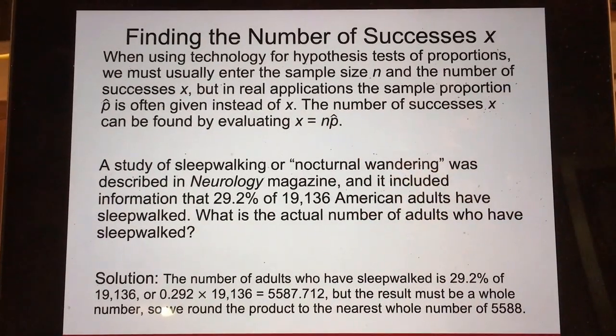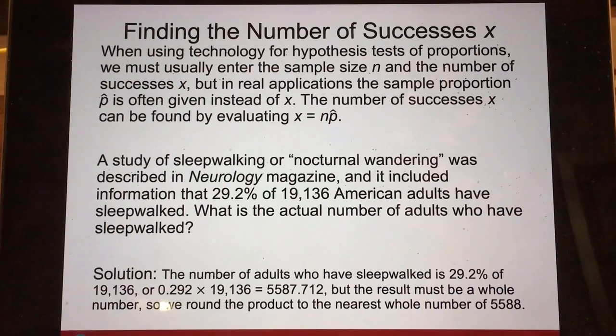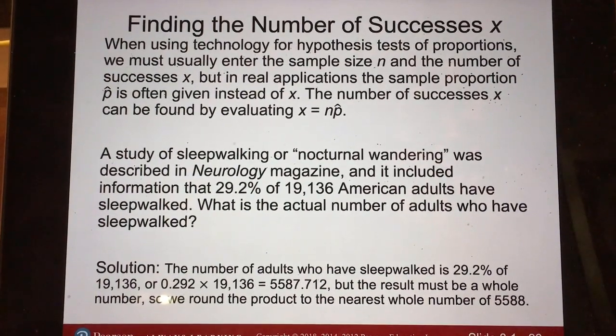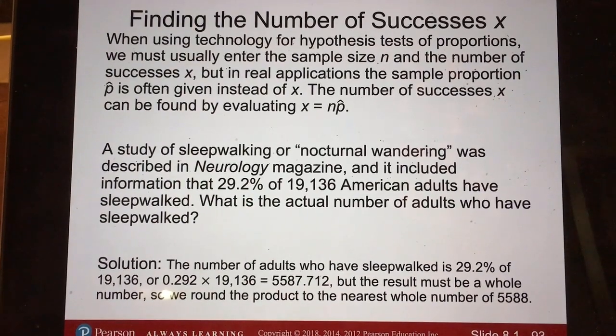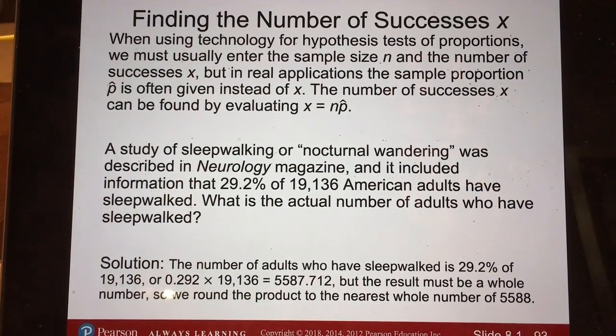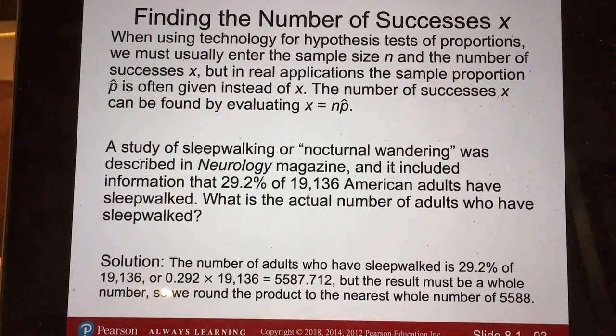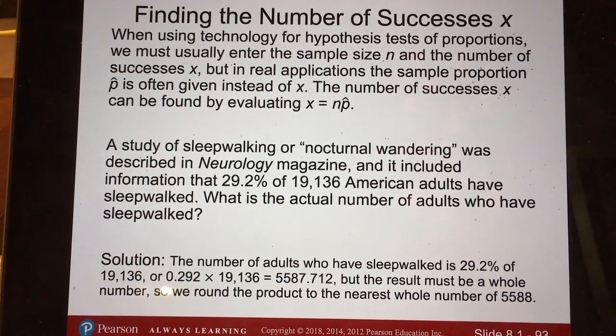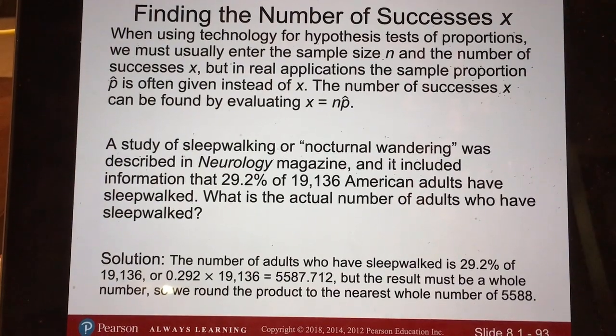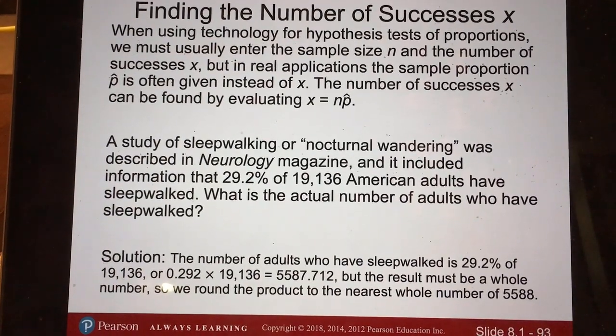So a study of sleepwalking or nocturnal wandering was described in Neurology magazine, and it included information that 29.2% of 19,136 American adults have sleepwalked. What is the actual number of adults who have sleepwalked?